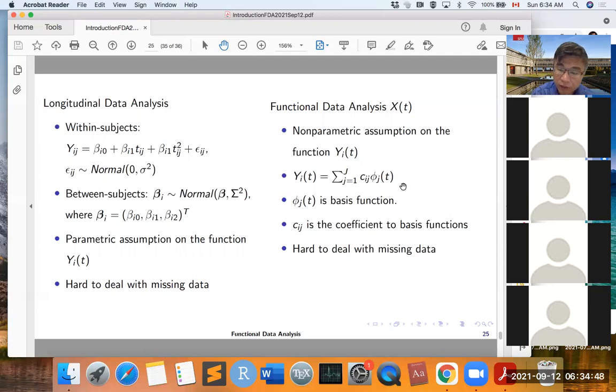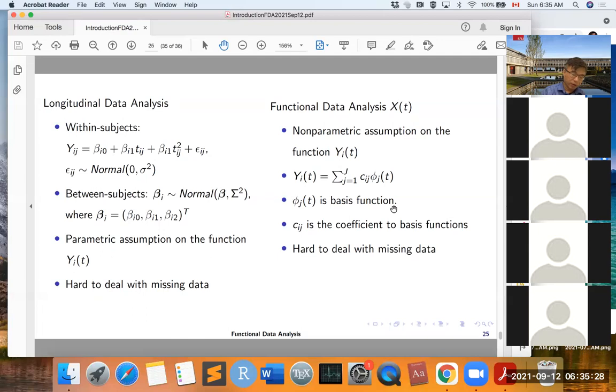For functional data, for each function yit, we will not make any parametric assumption on the data, and so we will typically write down yit as a linear combination of basis functions. Here phi j t are the basis functions. They can be B-spline basis functions or Fourier basis functions, which we will explain later. They can also be basis functions estimated from the data, which we call empirical basis functions.